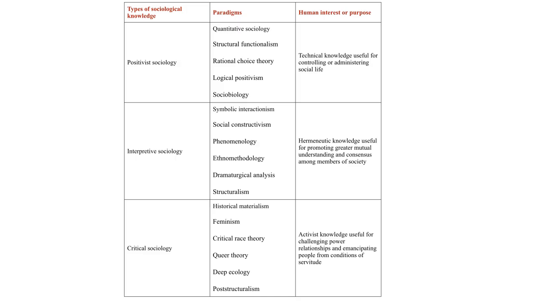And within each of these perspectives, there are more specific theories. Even though the theories are different within each perspective, they have some common shared concepts and assumptions that they all adhere to. And that's what the human interest or purpose column here is meant to illustrate, or what some of the common things in each of these theories are.